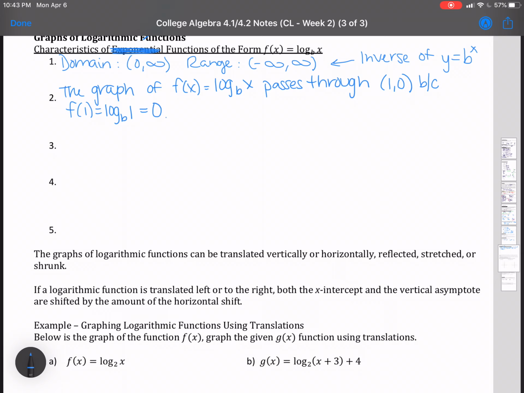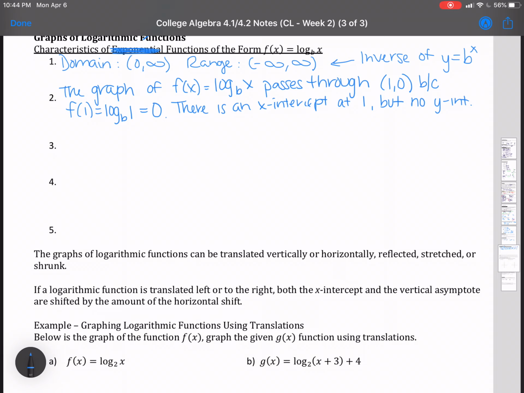So that tells us that there is an x-intercept at 1, but we can say that there is no y-intercept. And we'll talk about y here in a few seconds.